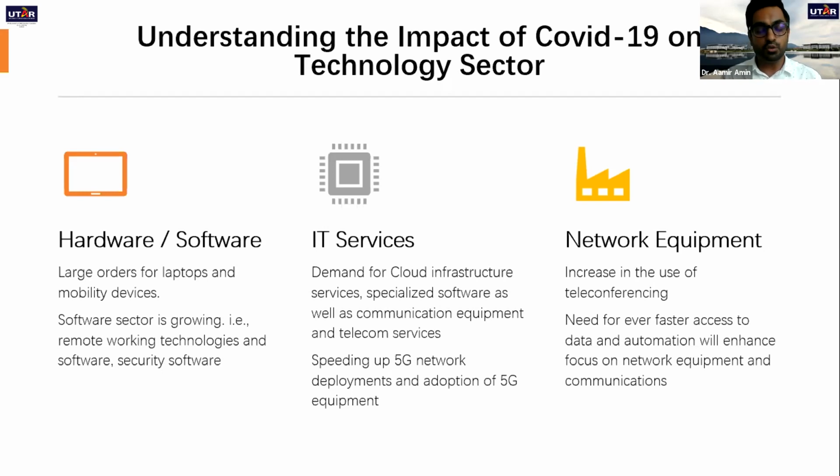That's a totally different topic which we can talk about some other day. Then in network equipment, there's been an increase in the use of teleconferencing, a need for even faster access to data, and automation will enhance focus on network equipment and communication. So that is another important impact of COVID-19 on technology.